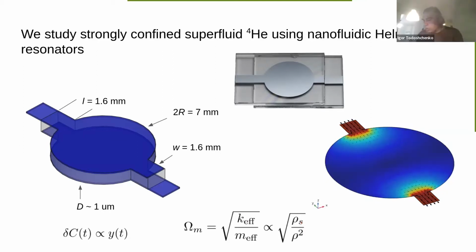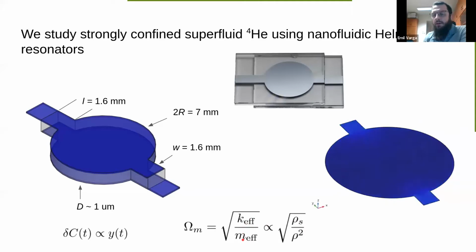I don't have the derivation here. Both K effective and M effective are functions of ρs. That's why it ends up looking like this.